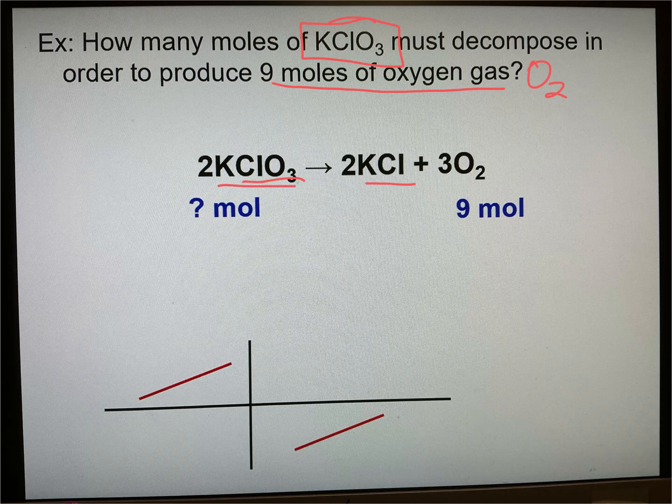If you need that handout, remember the old handout, the periodic table that folds, it has the names of those polyatomic ions, okay?